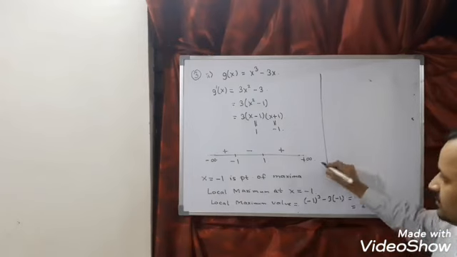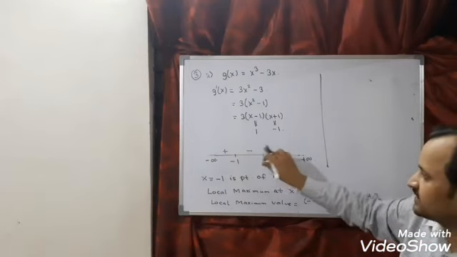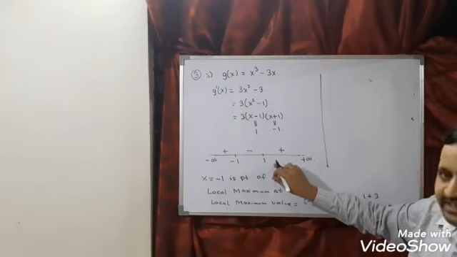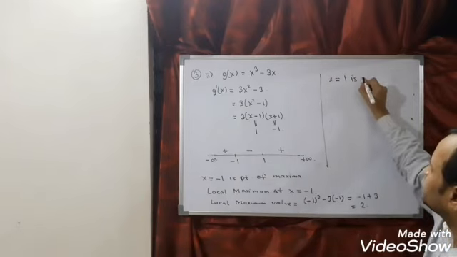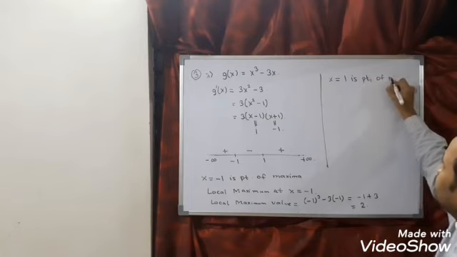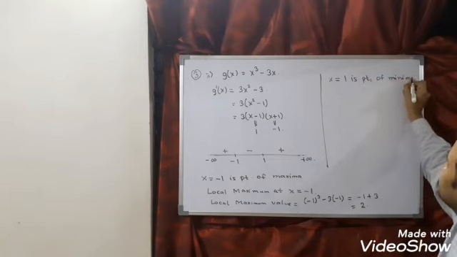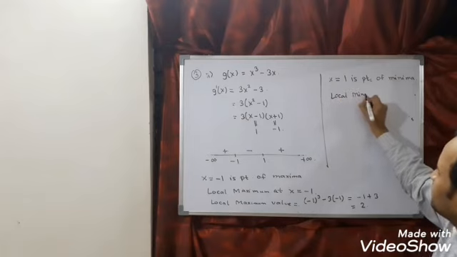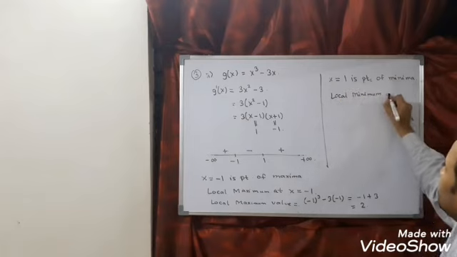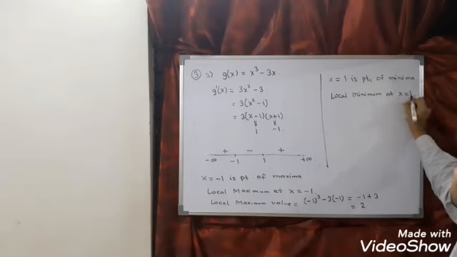Next, 1. So minus to plus. So 1 is the point of minima. So here I can say x is equal to 1 is the point of minima. So here I can say local minimum at x is equal to 1.